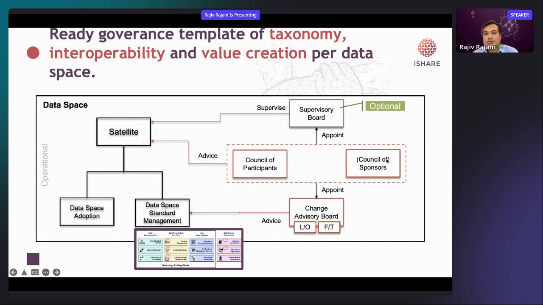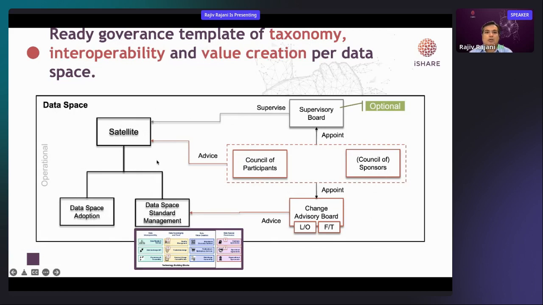Additionally, if you have sponsors in your data space, you can also have a council of sponsors, which can be separate from participants in some cases. So this is of course optional, but you almost always have a council of participants, which is always advising the operational body on what is relevant for them, because the actual users are these participants, and they will remain in the data space as long as it makes sense to them, right?